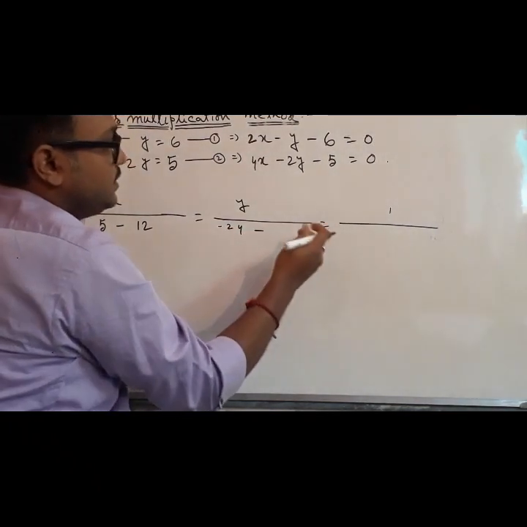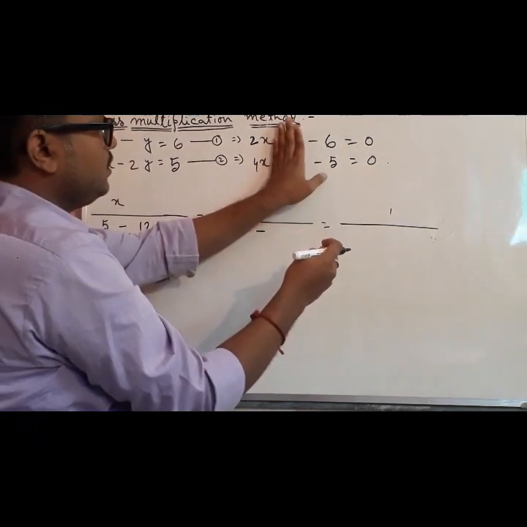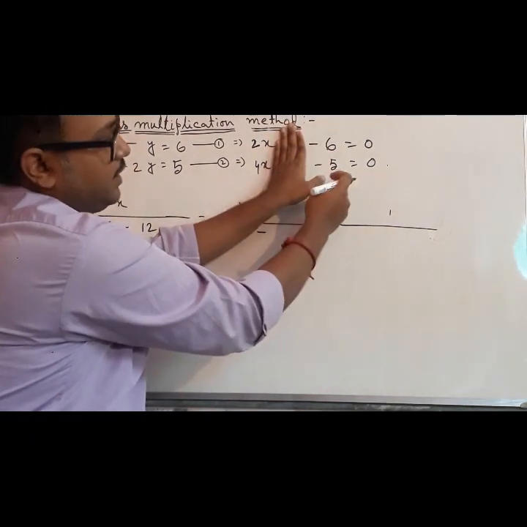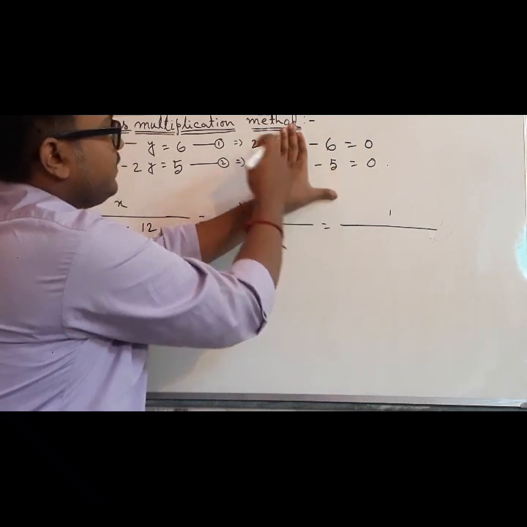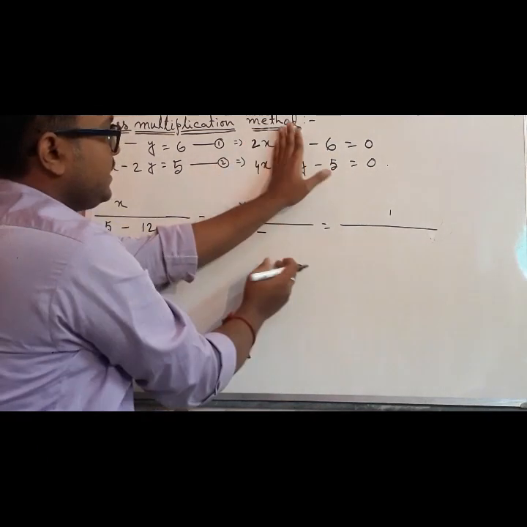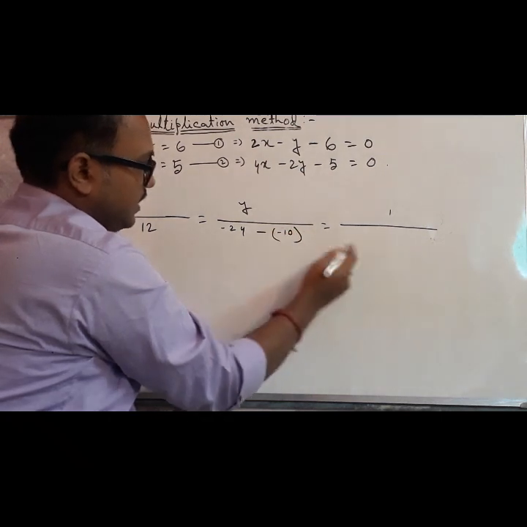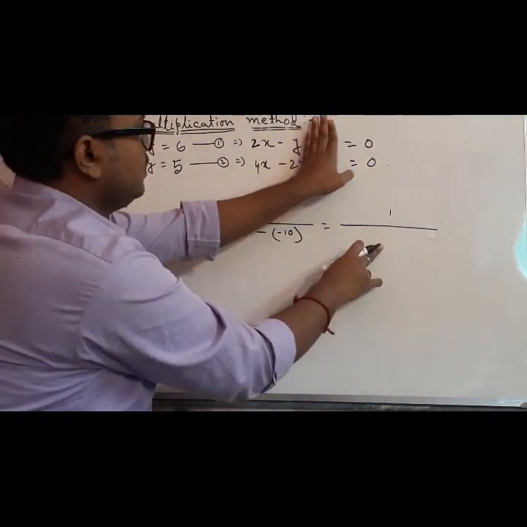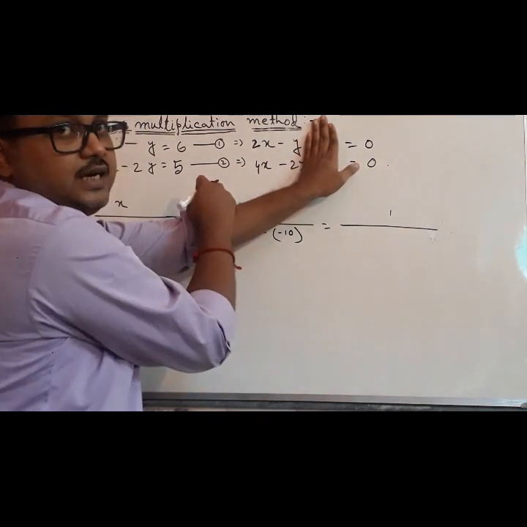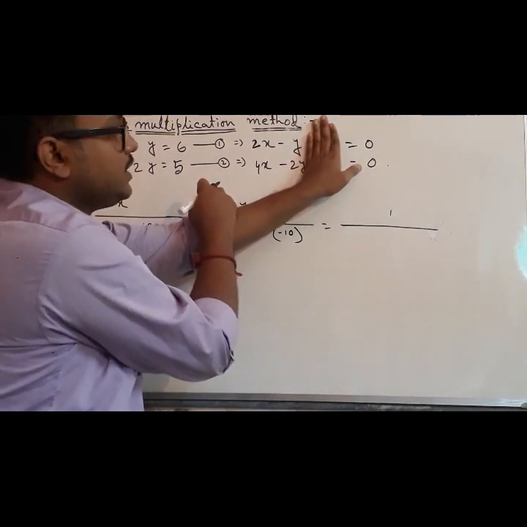Then minus, after finding that value, from the bottom minus 5 into 2, that is minus 10, that is minus of minus 10.